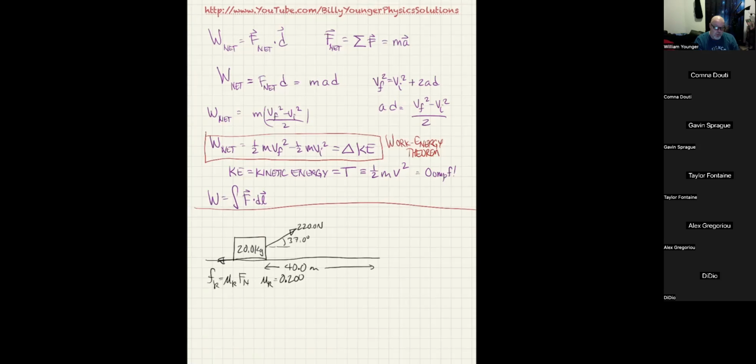Now, what we know is that the 220 newtons, at least in the x direction, in other words, 220 newtons times the cosine of 37 degrees, turned out to give us 175.7 newtons.